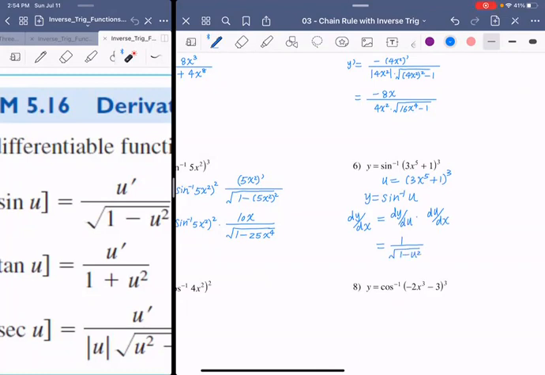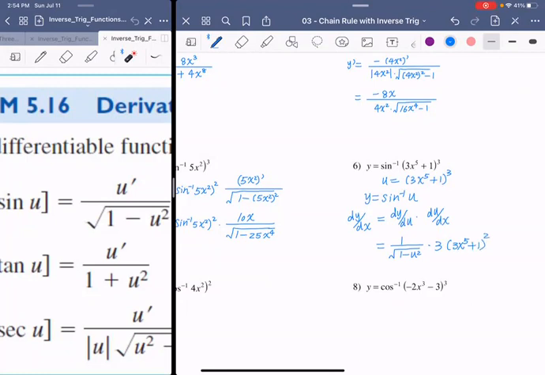And then du over dx is going to be 3 times (3x to the power 5 plus 1) to the power 2, correct?